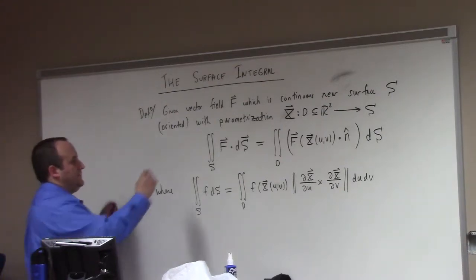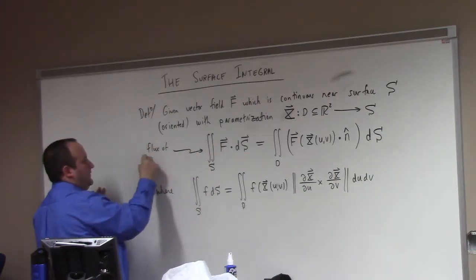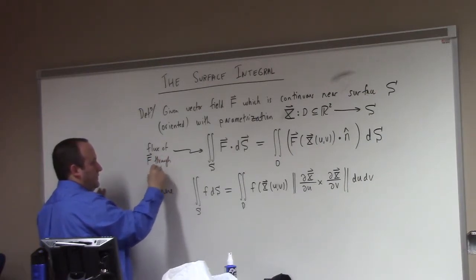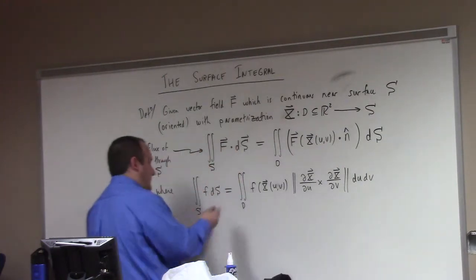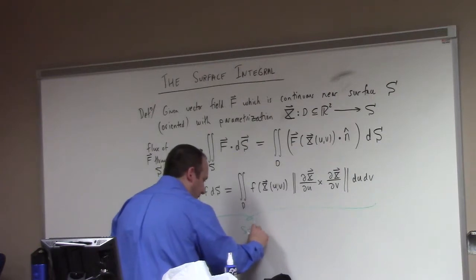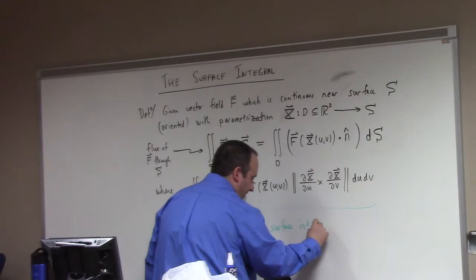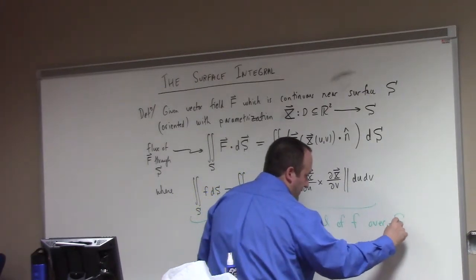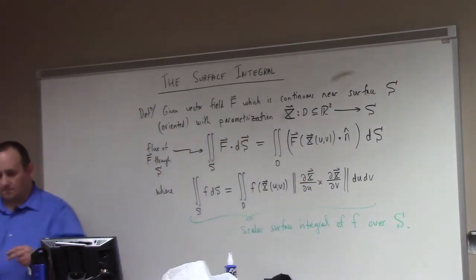So this is the flux of F through S. I've actually given you two definitions here. This right here is the so-called scalar surface integral of f over S. Here, the little f is not a vector field, it's just a function.